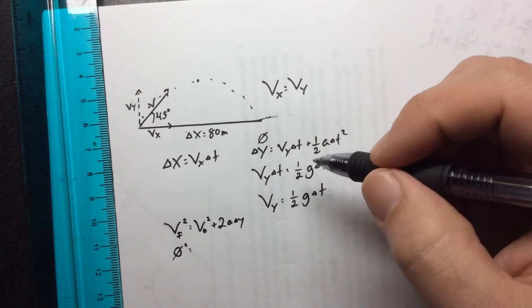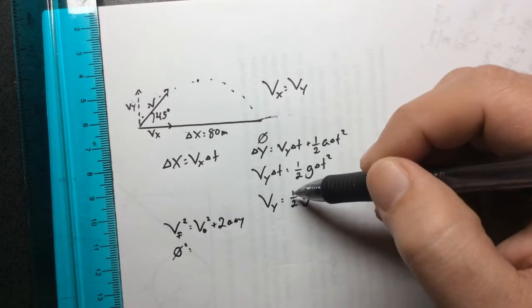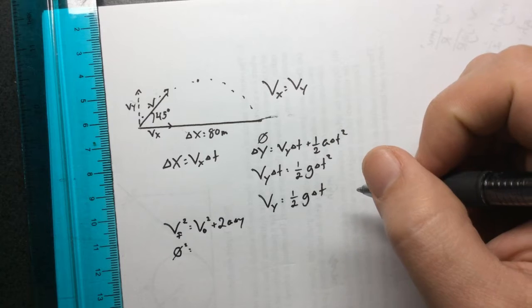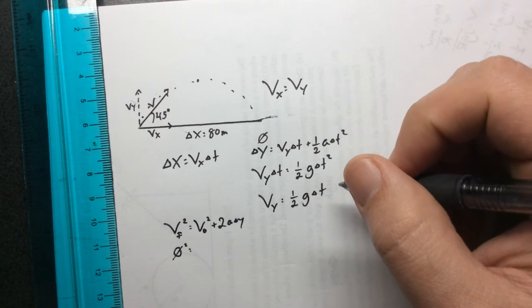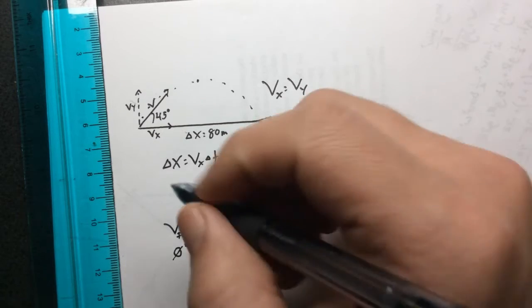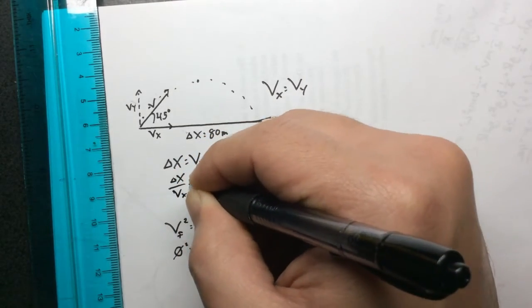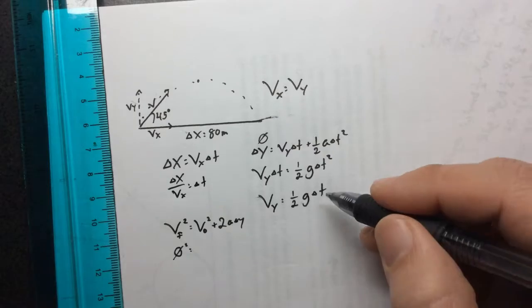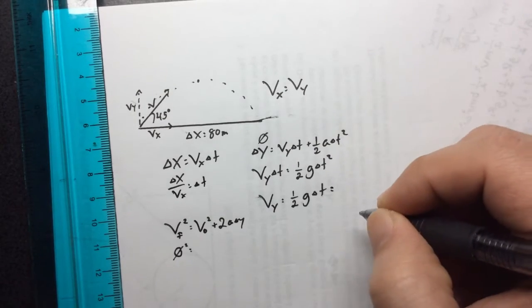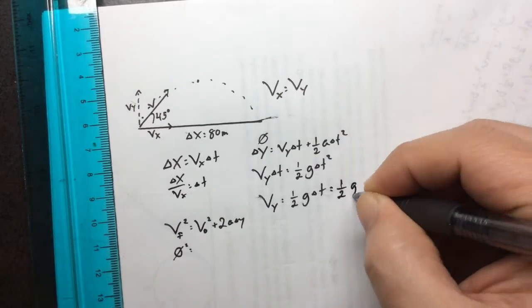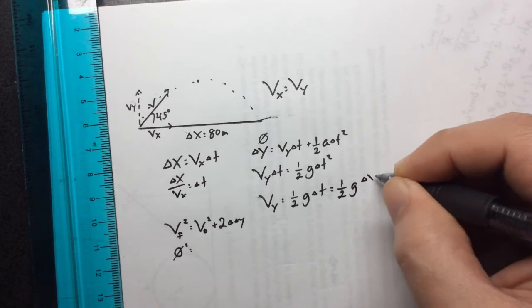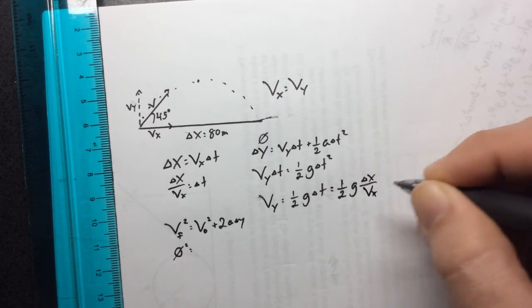So looking at this, I'm going to go ahead and combine these two equations. And in order to do that, let's go ahead and solve this one for time. So delta x over Vx should be equal to delta t. I'm going to plug that in over here. And that says that 1/2 g delta t is going to be delta x divided by Vx.